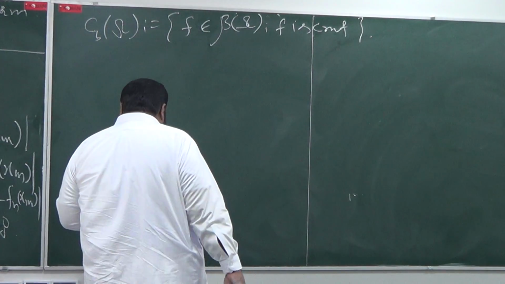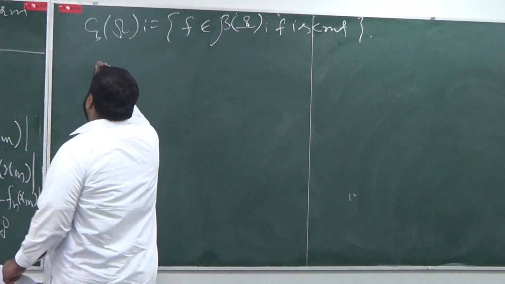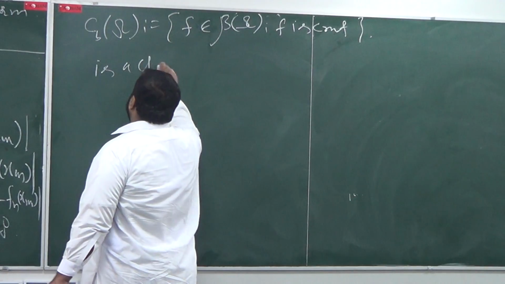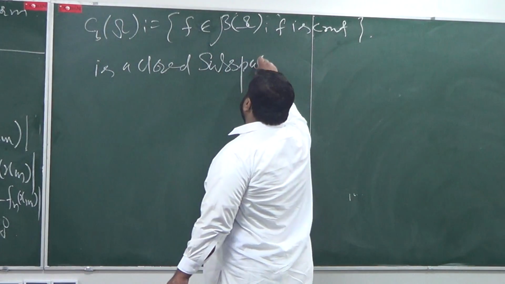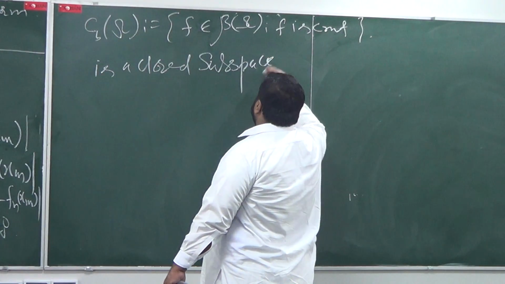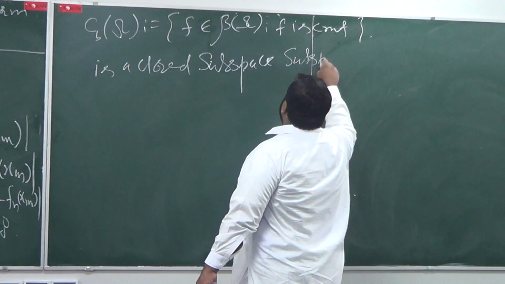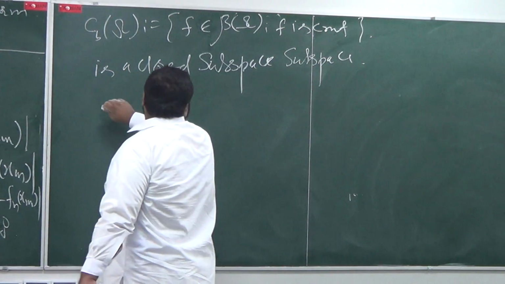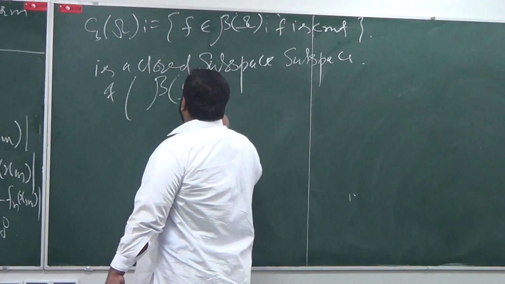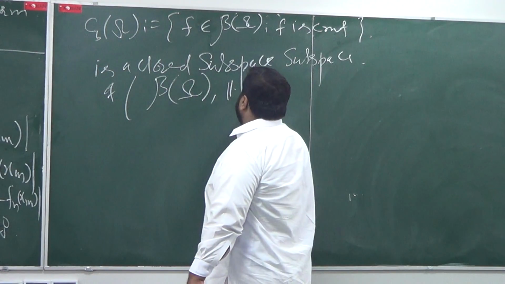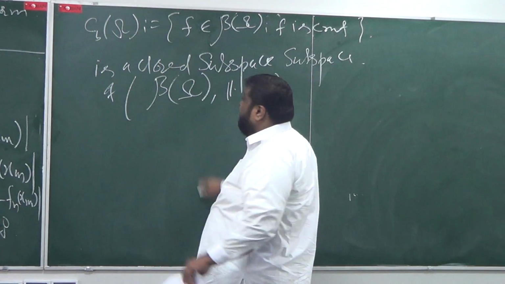We can show that this guy is a closed subspace. The argument is going to be essentially analogous. That is a closed subspace of the space of bounded functions on omega with the infinity norm, and hence must be complete.